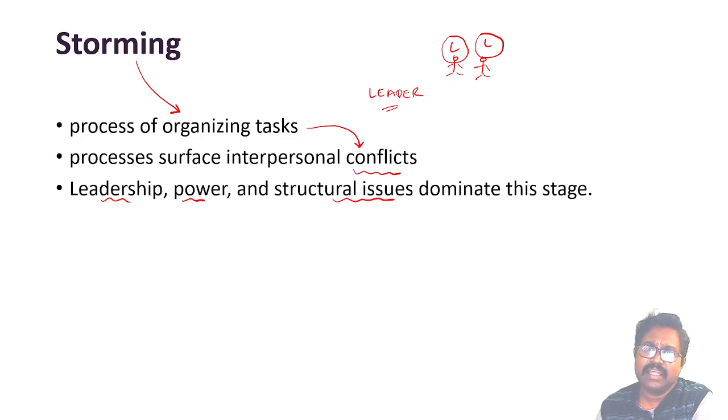So the individuals will try to dominate, and when they do, many conflicts will develop. Even the leader will be in a confused state during this stage, and at the end of the storming stage, they try to understand and come up with common goals, and how they can resolve the conflicts, etc.